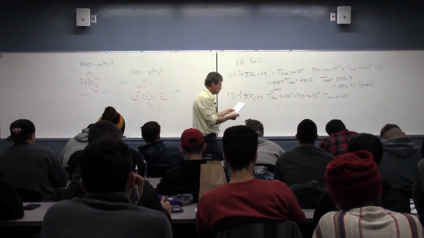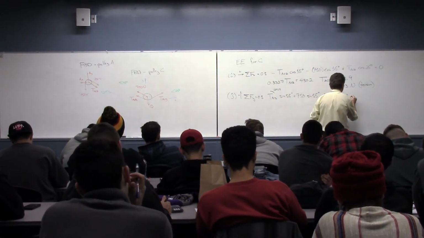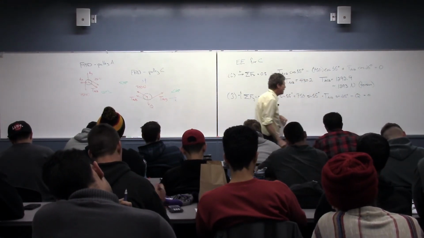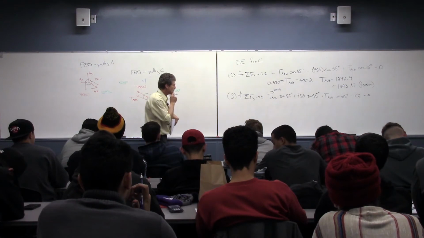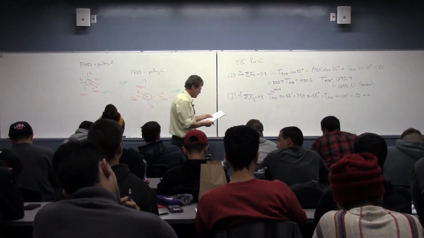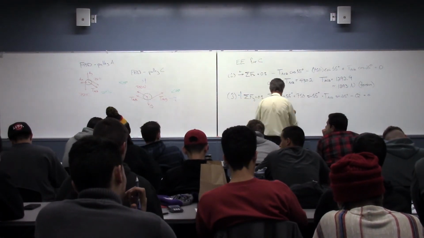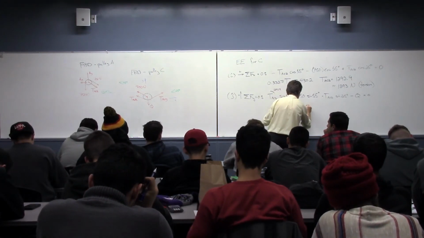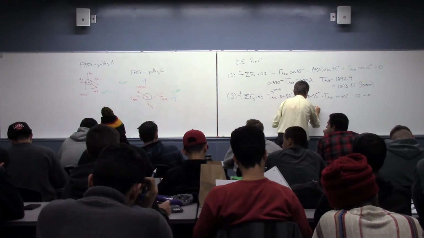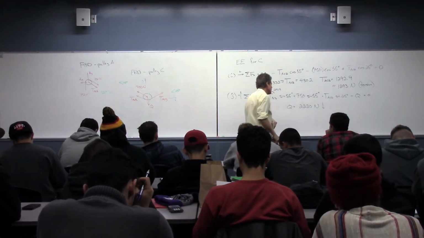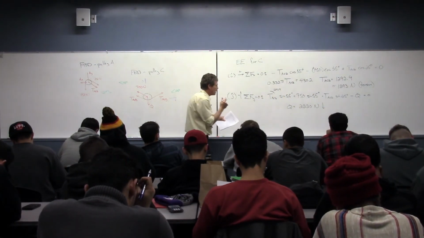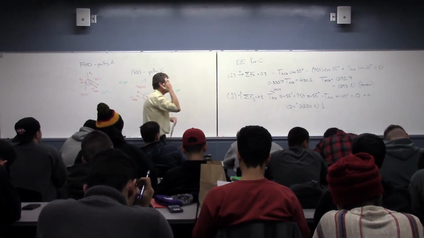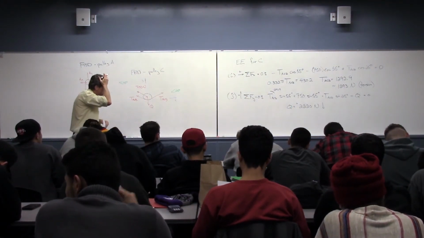So I'm going to add my Q. It's all in that direction, so I don't have to worry about sines or cosines on it. And what I'll find then is my Q will be a positive 2220 newtons.